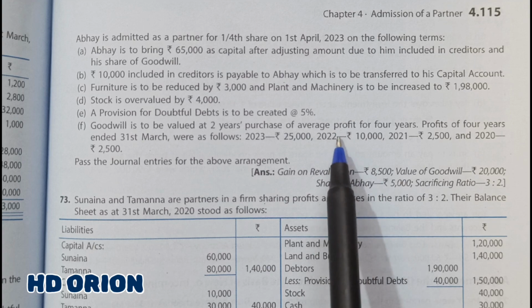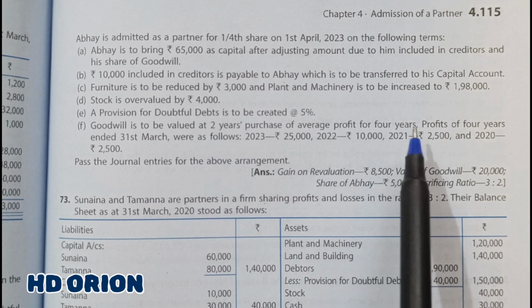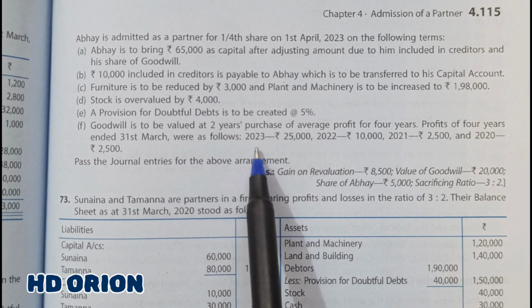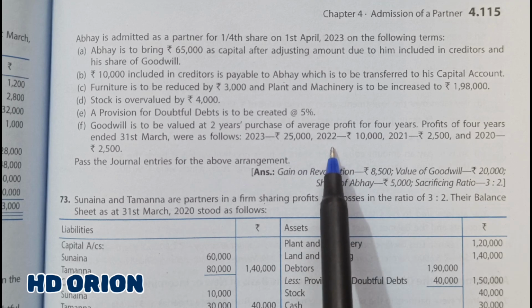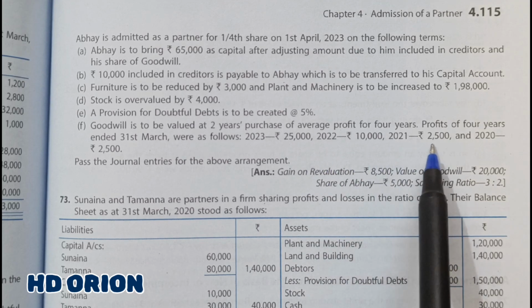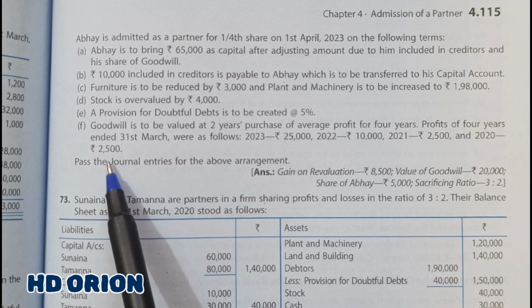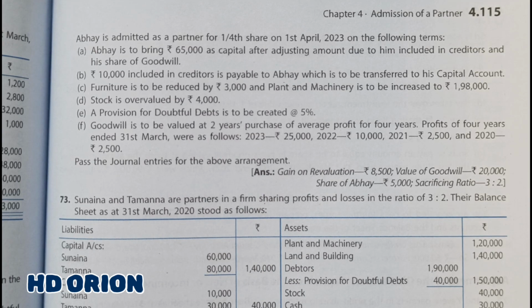So 4 years' profits are given to us and average profit multiplied by 2. Profits of 4 years ended 31st March were as follows. 2023 rupees 25,000, 2022 rupees 10,000, 2021 rupees 2,500 and 2020 rupees 2,500. Pass the journal entries for the above arrangement.